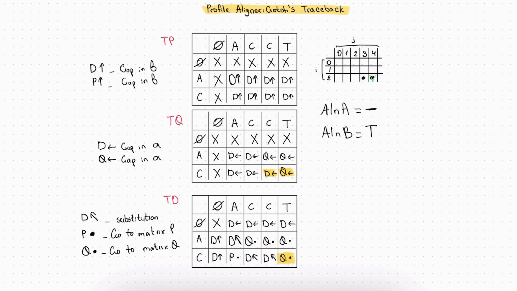This cell also contains the information that there is a gap in A. So again, we put another gap and we put a corresponding nucleotide. We are picking these nucleotides from right here, the nucleotides that are in the same column.